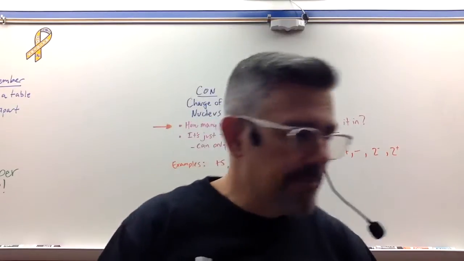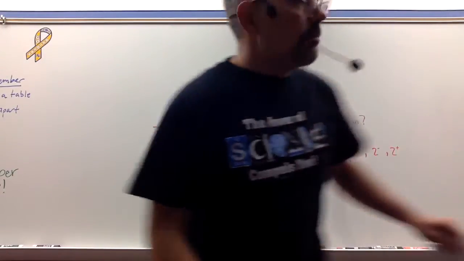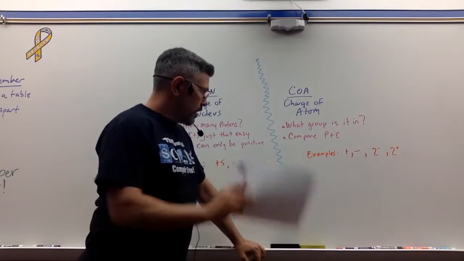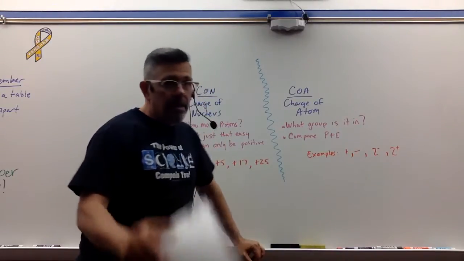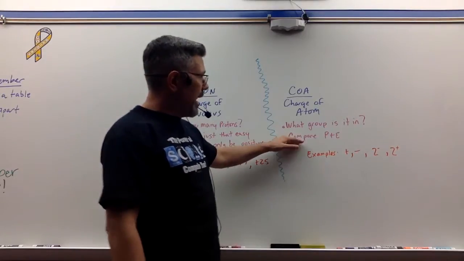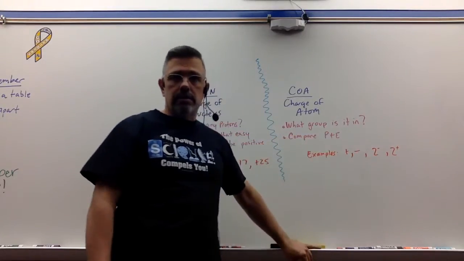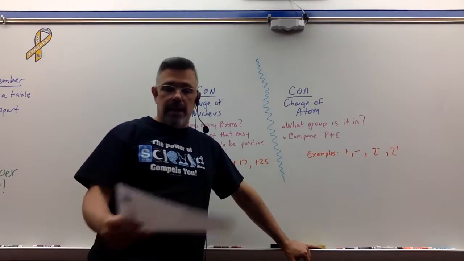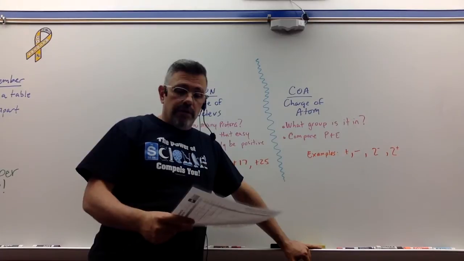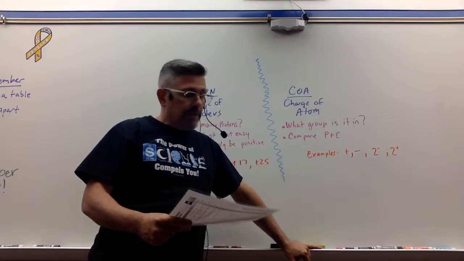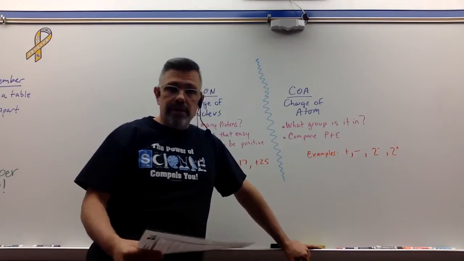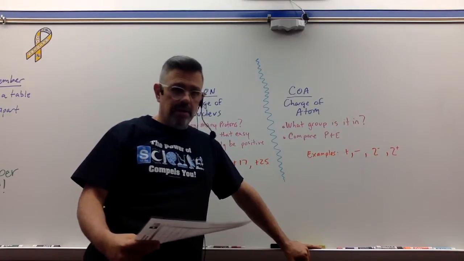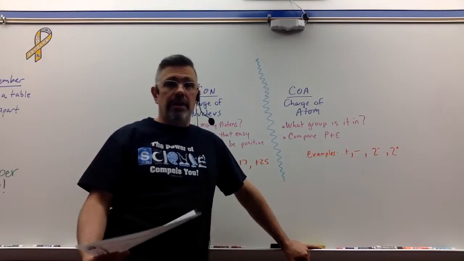Maybe that will help. Okay, so back to the lecture at hand, the little power lecture. We're talking about charges of atoms. The best thing you can do is compare the protons and electrons. If the protons are winning... let's say we're talking about sodium, for example, where the atomic number is 11, so it's going to have 11 protons.